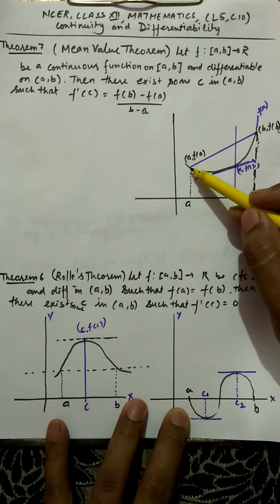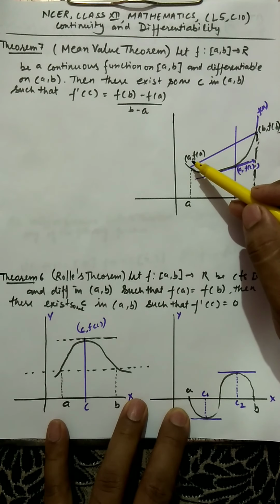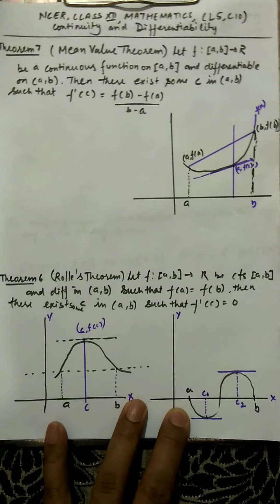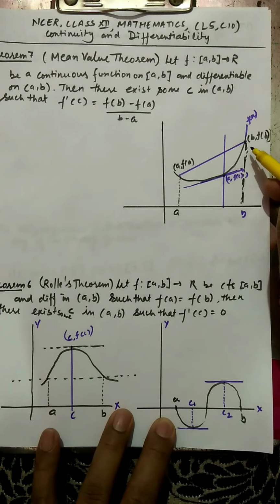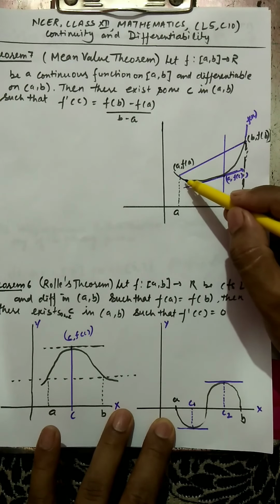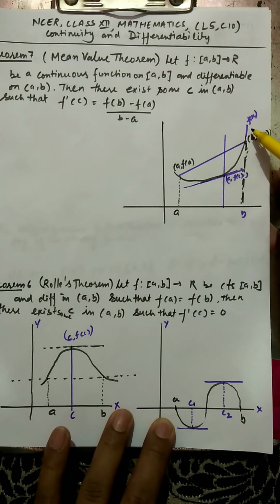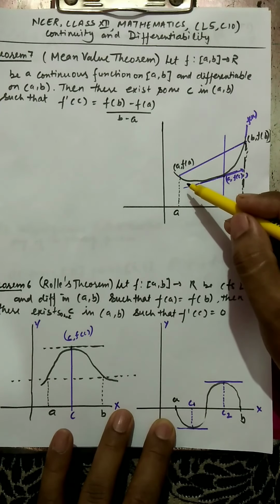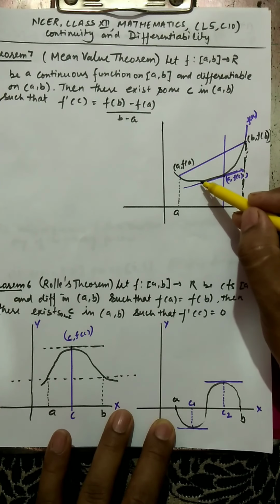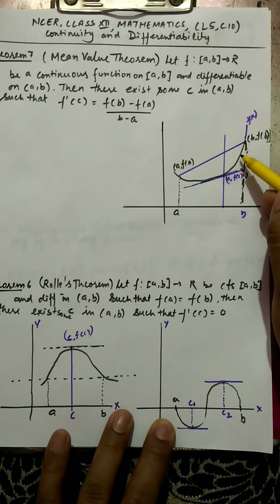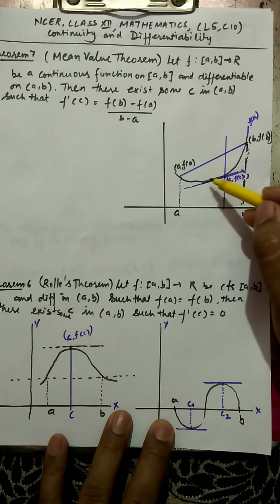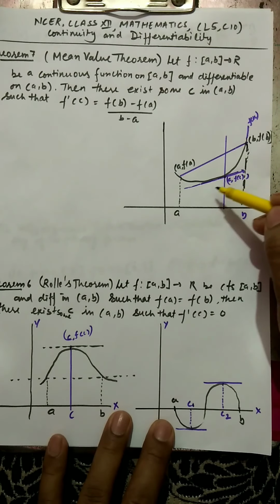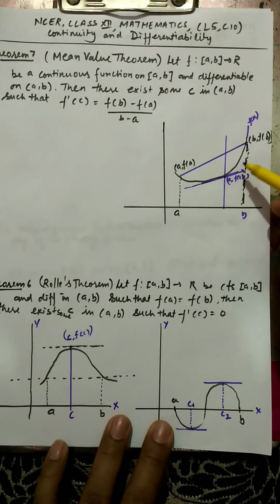So this point on the function will be (a, f(a)), and this point will be (b, f(b)). Observe that this function is continuous, because I have drawn this graph without lifting the pen. And this function is also differentiable in the open interval, because at any point on this graph between a and b, you can find one unique tangent that can be drawn. So it means this function is differentiable.